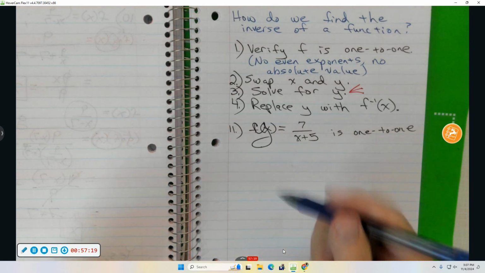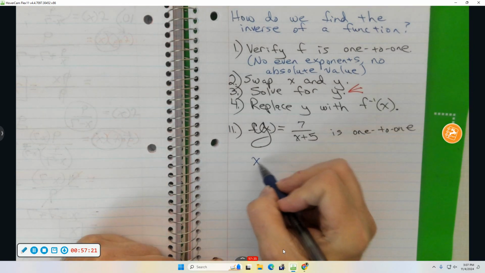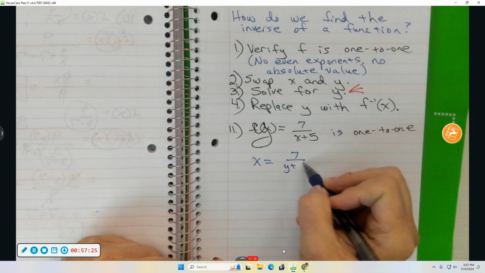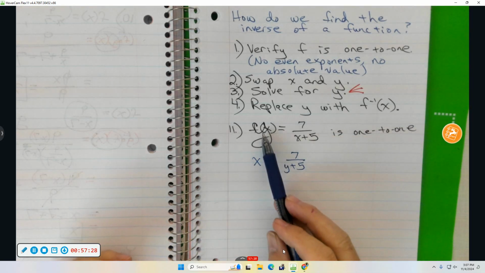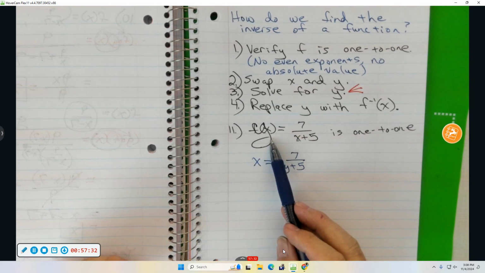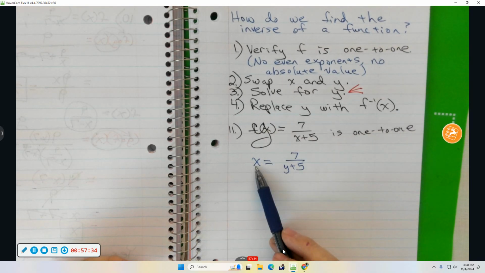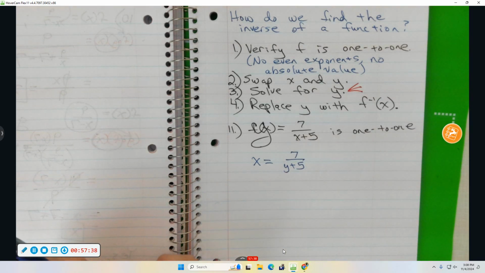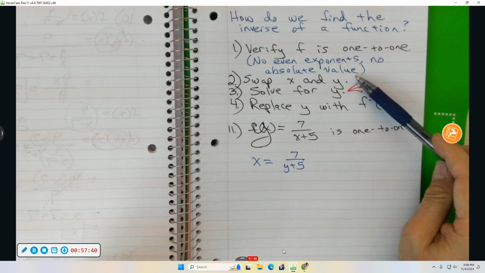So y becomes x. X becomes y. The function notation is just a fancy way of saying y. So y became x, x became y. We did the second step.